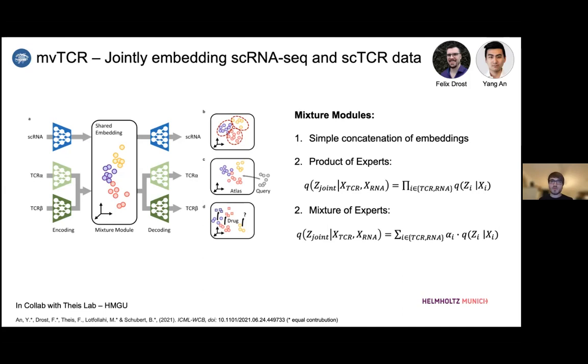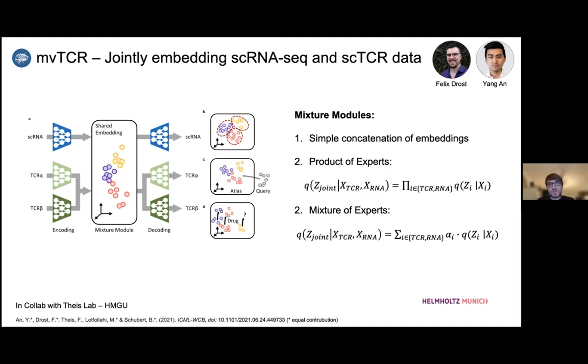For example, querying an atlas with this latent space to impute T-cell specificity, doing predictions, and generally hoping that this latent space is much more informative and can therefore find certain aspects of the data that we would otherwise overlook if we just individually look at the T-cell receptor or the single-cell RNA-seq information alone.